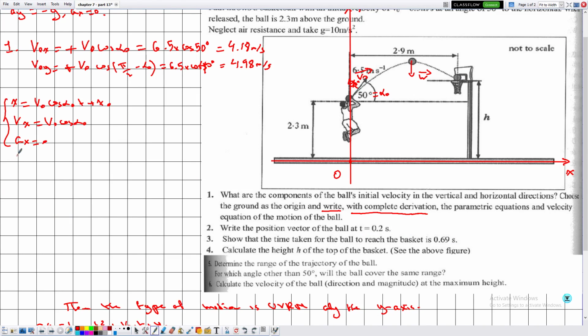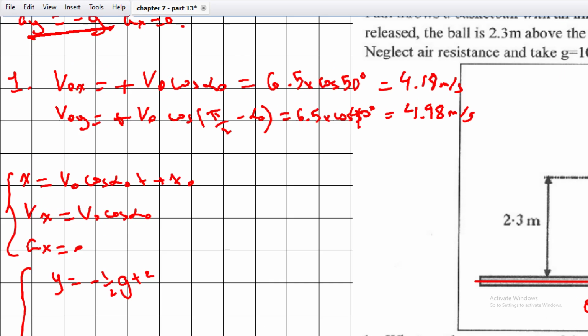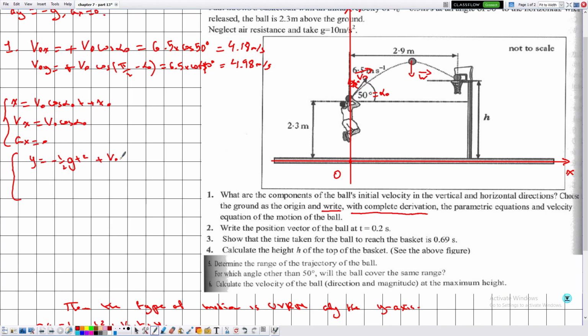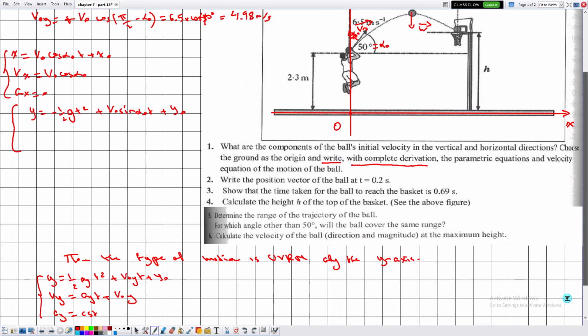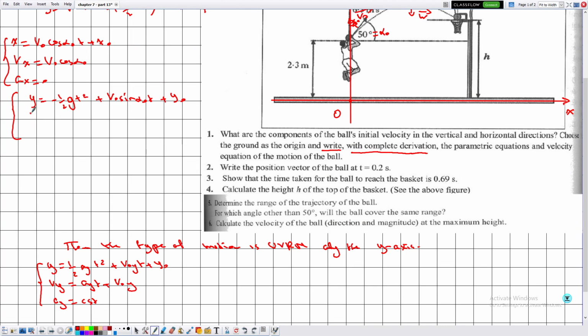So as for the y component, we have that y is equal to minus half gt squared, the minus sign coming from the fact that ay is equal to minus g, plus v0 sine alpha 0 t plus y0, and vy is equal to minus gt plus v0 sine alpha 0, and ay is equal to minus g. So these are the general equations.